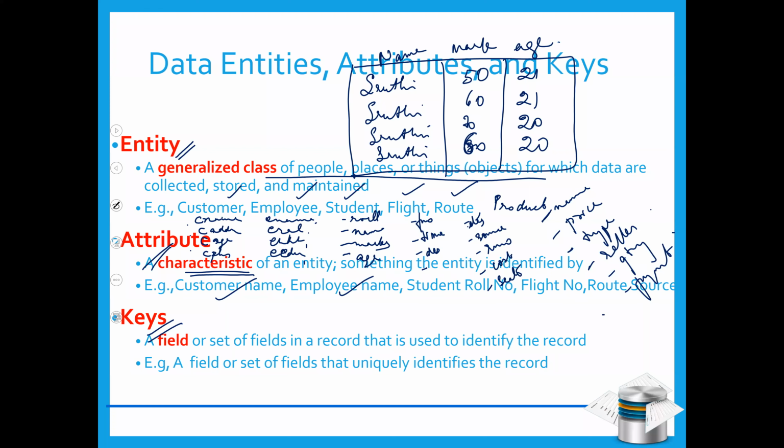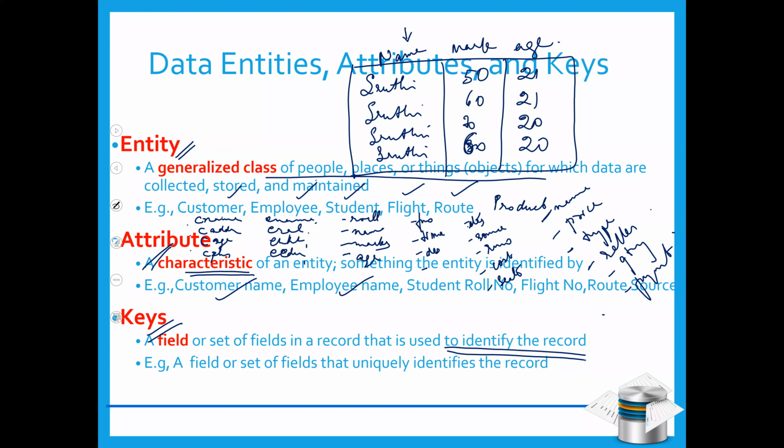Now, I want to pick out a particular student. Now, let's go trial and error. Now, imagine you are planning to pick out with respect to name. Okay, now look here. What do you mean by a key? A key is nothing but it should identify the record.